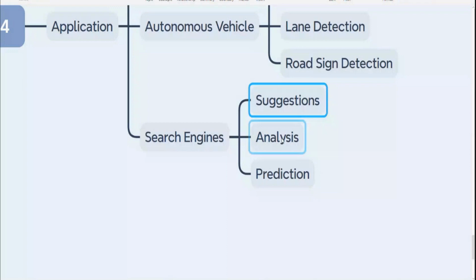It will provide you some suggestion, analysis, and then prediction of what you are trying to type and what you are trying to search for. So these are some of the applications. In real time, there are so many more applications. These are some of the commonly used applications in various fields.